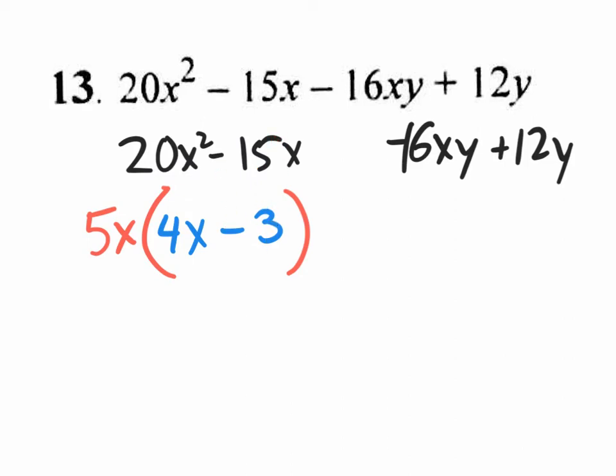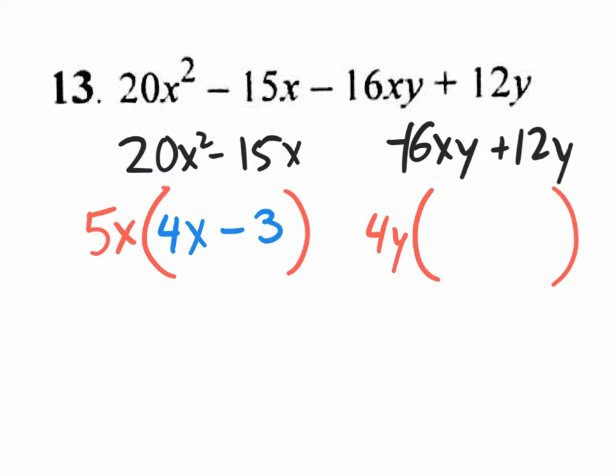And in the other one, what could I pull out of the other one? A 4 and a y, but the better option would be to pull out a negative 4y. Okay, so see, if I just put a 4 and a y, when I say 4y times what gets us a negative 16xy, that'll be a negative 4x, and we want a positive 4x.